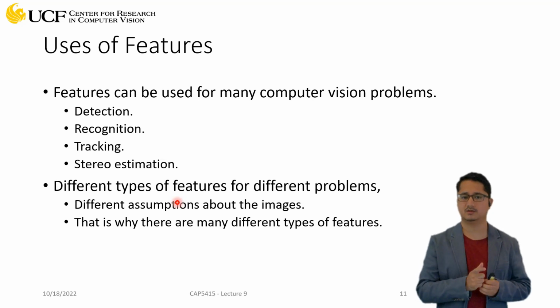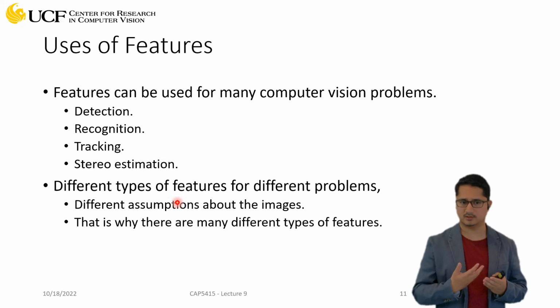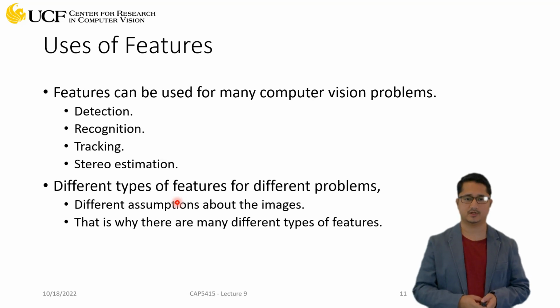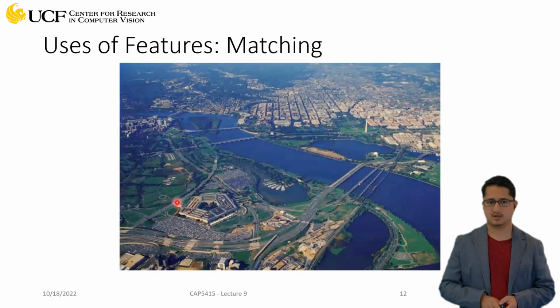So color is important there, but the shape of that object is also important, which will help you in recognizing whether an apple is present or not. So depending upon the task, the requirement of these features will change, and that's why we need different kinds of features. Let's quickly go through some of the applications where we can utilize these features.